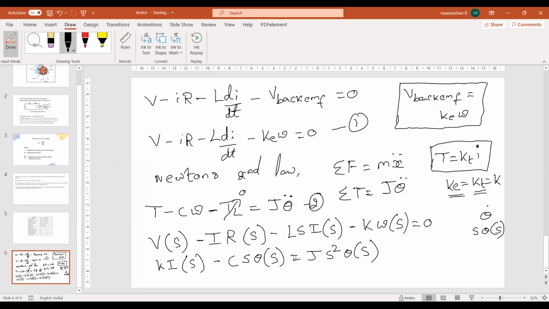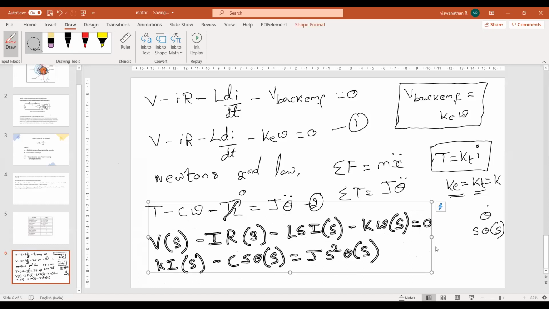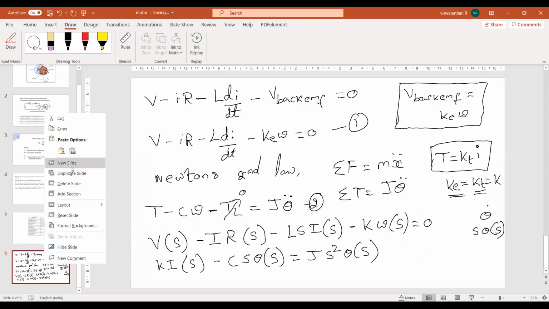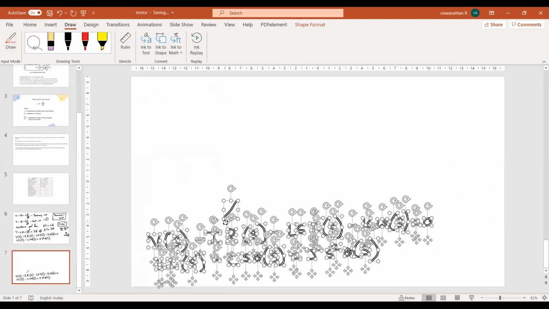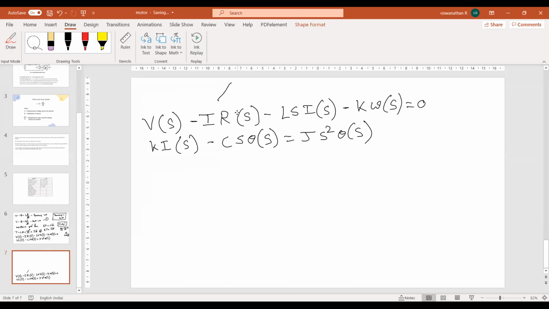Now I'll just copy these two equations. Okay, so I have two equations now.